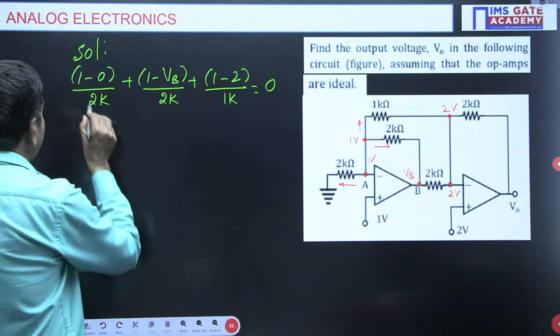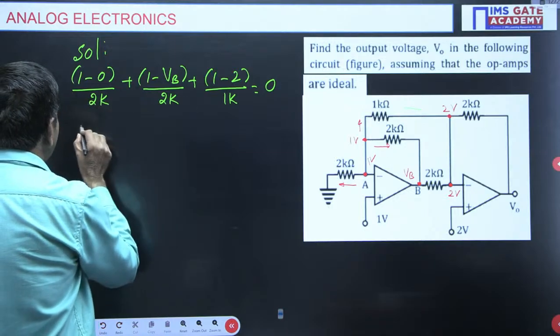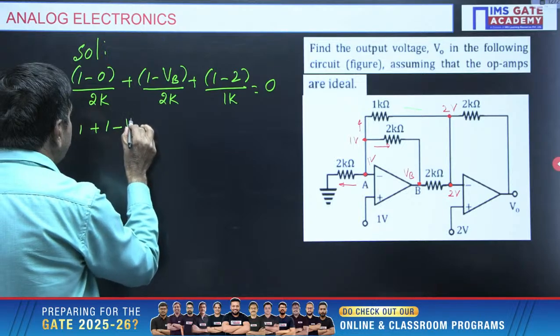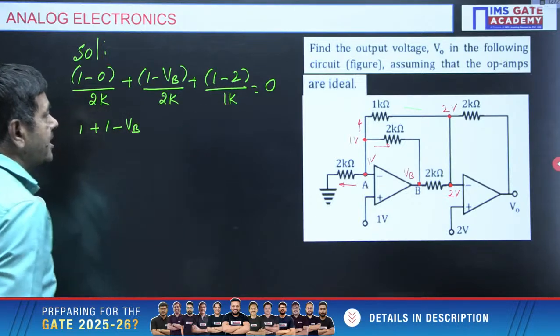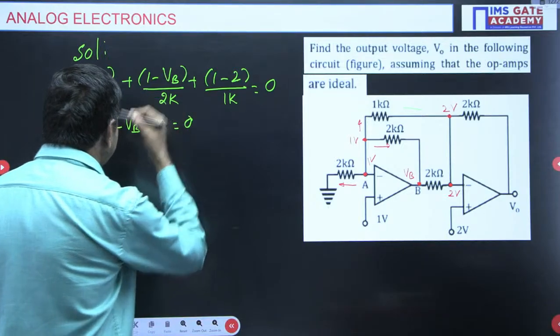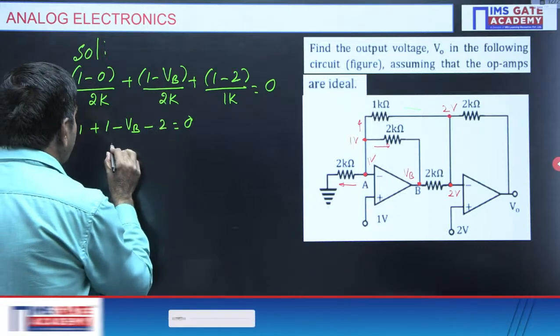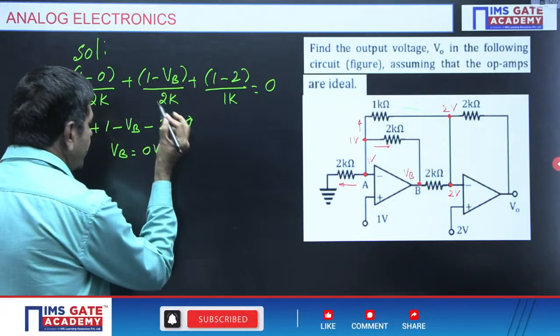Now VB is required. 1 by 2k, k cancels, 2 is the LCM. 1 plus 1 minus VB, here 2 multiplied by 1 minus 2, minus 1 into 2, minus 2 equals 0. 2 minus 2 is 0, so finally the VB value is nothing but 0 volts.